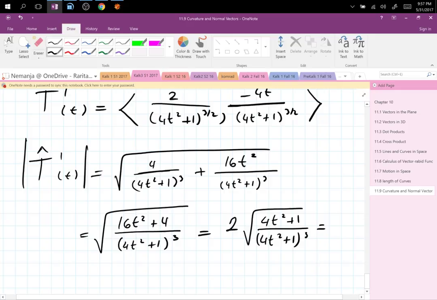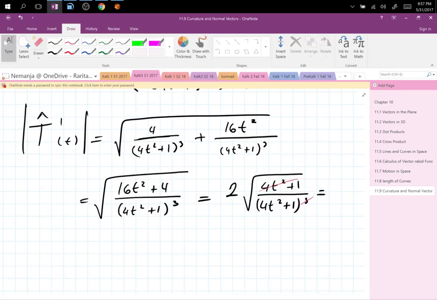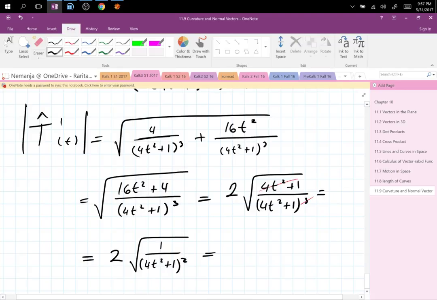And now these guys cancel. This is amazing how well this works. 2 over square root of 1 over (4t squared plus 1) squared, which is just 2 over 4t squared plus 1.